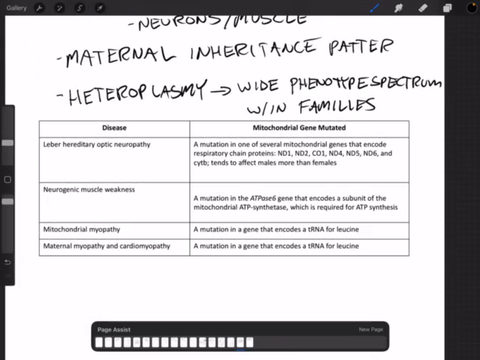Here are some examples for those that are interested. Many of them, as you'll see, again, neurogenic muscle weakness, neuropathy, myopathy, cardiomyopathy, right? A lot of these are going to be involving muscles and neurons, which again use a lot of ATP. And again, you may have avoided any diseased mitochondria in your heart just by random chance, right?